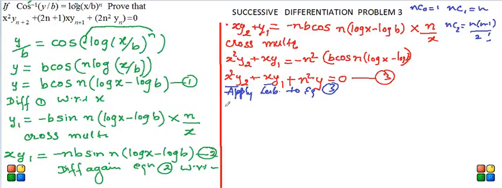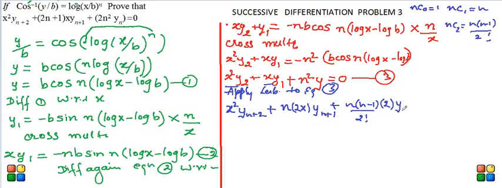So x square first function as it is, and differentiations are carried to y2, plus nC1, that is n, differentiation of x square is 2x, integrating this thing, so n plus 2 minus this is n plus 1. Now nC2, which is n into n minus 1 by 2 factorial, and 2x is now only 2 yn.